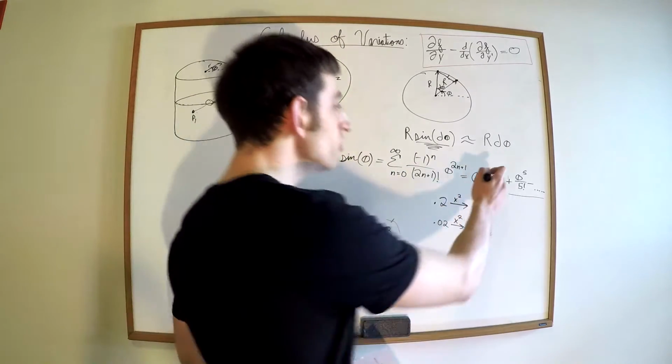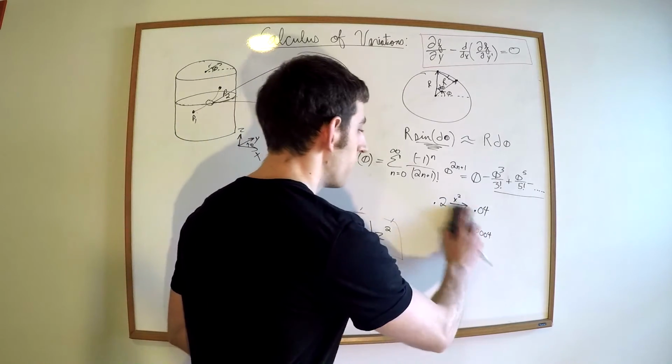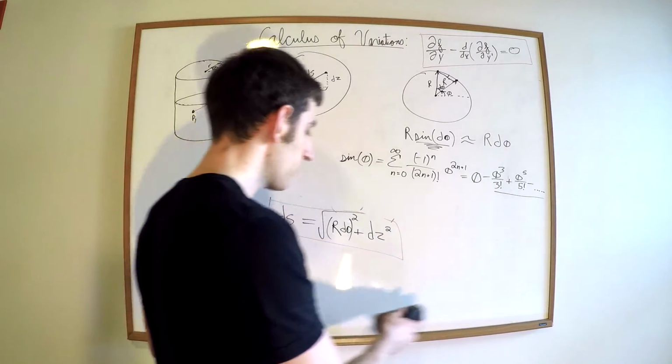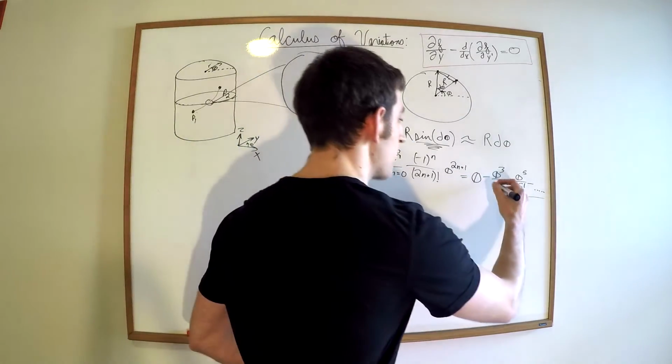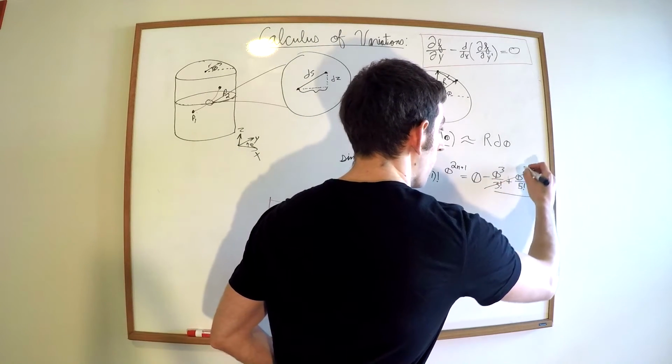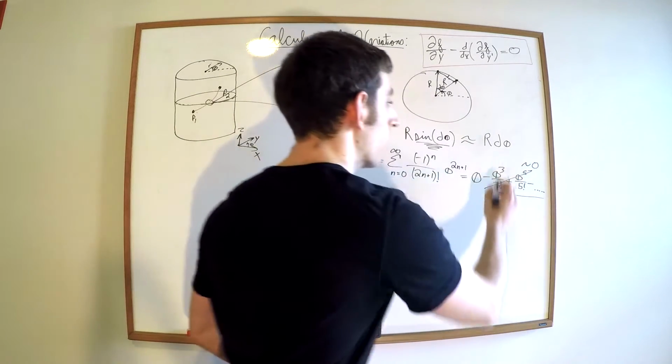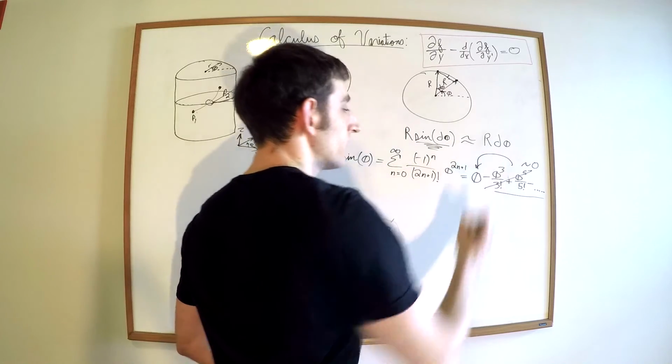So if we're cubing a really, really small number, what happens here? It means that these guys are approximately 0 in comparison to this guy.